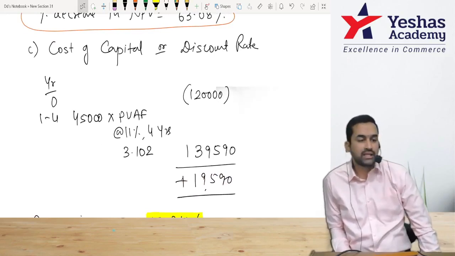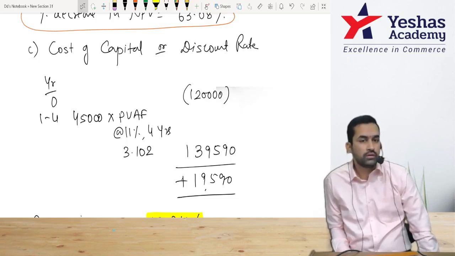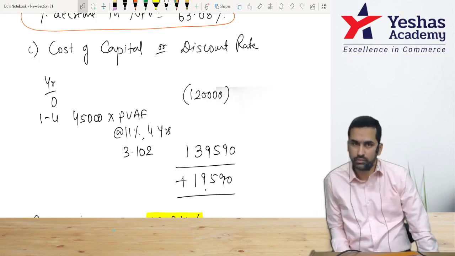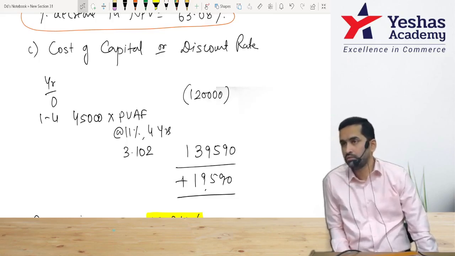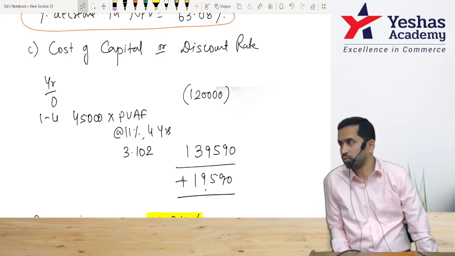Considering maximum decrease in NPV, the project is said to be most sensitive to decrease in annual cash inflow.